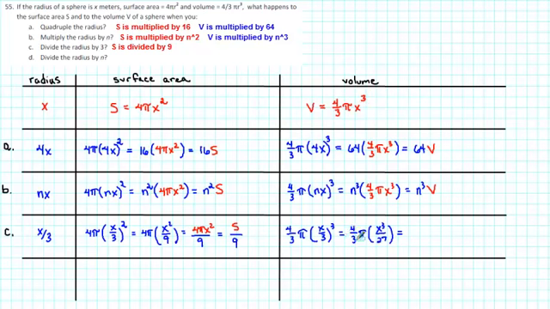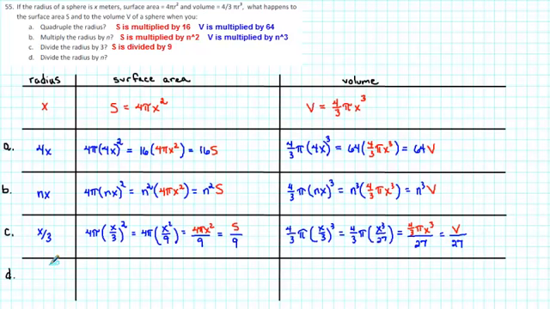So we want to leave 4/3 pi x cubed alone, and notice that all of that is being divided by 27. So we just end up with V over 27. So when you divide the radius by 3, the volume V is divided by 27.